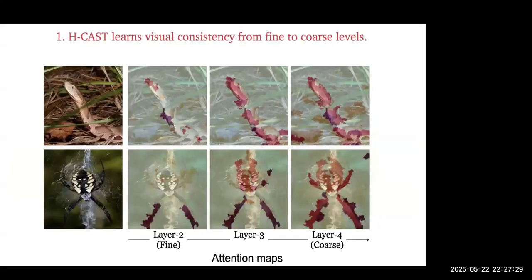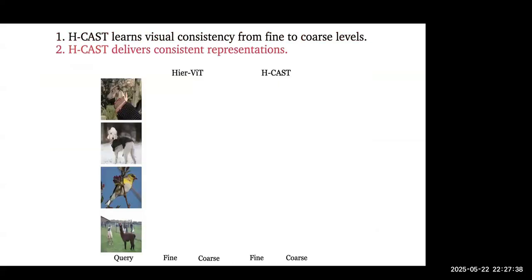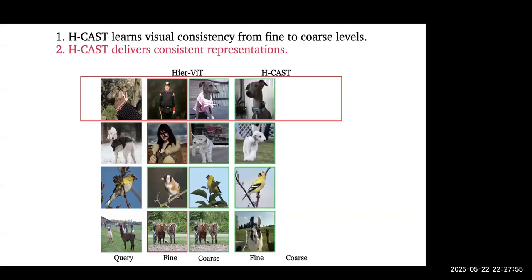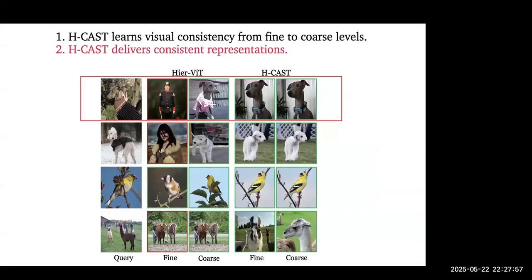And you can see that we learn consistent regions from fine to coarse. We deliver consistent representations. These examples are classified correctly by the baseline hierarchical ViT. We just impose hierarchical loss at each block like ours, but they don't have the coarse to fine segments like ours. It's a proper baseline. But we use the class token at each block to retrieve nearest neighbors.